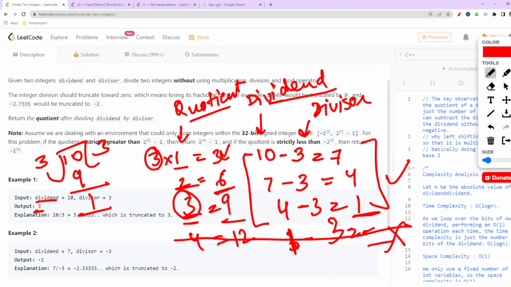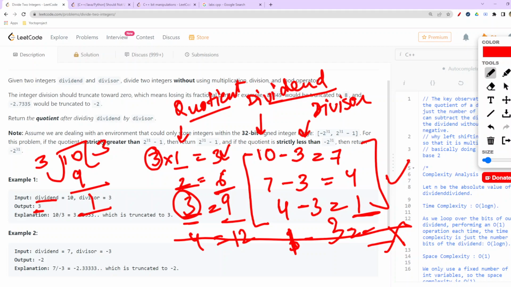So this is the simplest thing which we can do, but there are edge cases for the same, because we have a negative space also and a positive space also, right? So in that context, we are required to convert both the dividend and divisor into negative numbers.